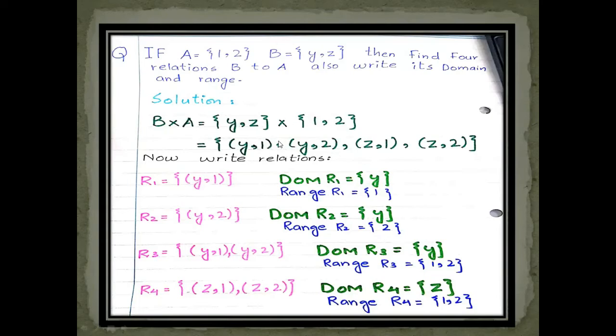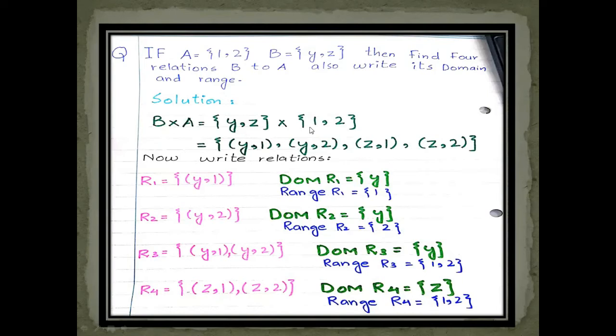Also we are using a comma between the ordered pairs to separate them. Now again I repeat: (Y, 1), (Y, 2), (Z, 1), (Z, 2). Okay, and we enclose all four ordered pairs in braces. This is the Cartesian product of B to A. If it's A to B, suppose the question is find A to B.